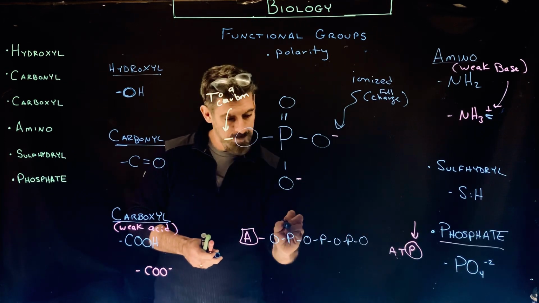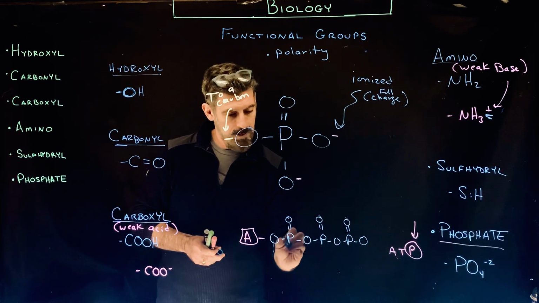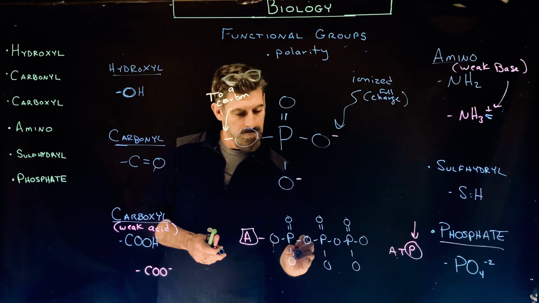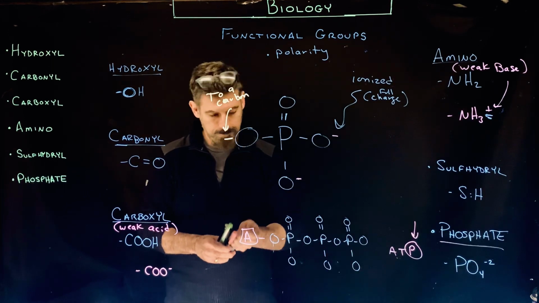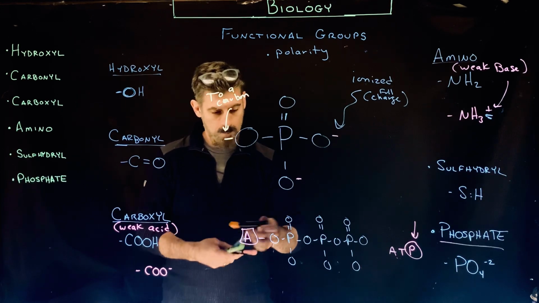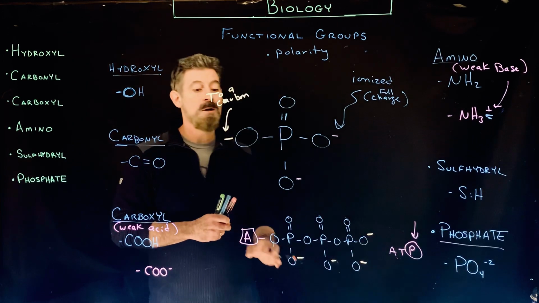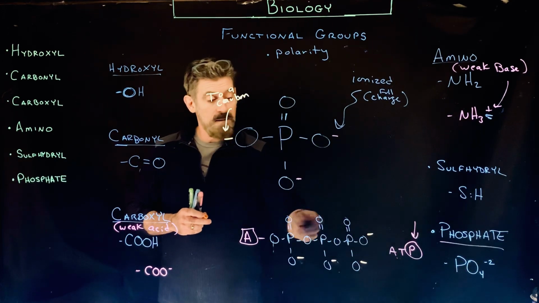Like this. Negative, negative. I'm going to do this in different colors just so you can emphasize it. Negative, negative, negative, negative. So the reason I'm drawing this out, so an ATP molecule, adenosine triphosphate, 3 phosphates.